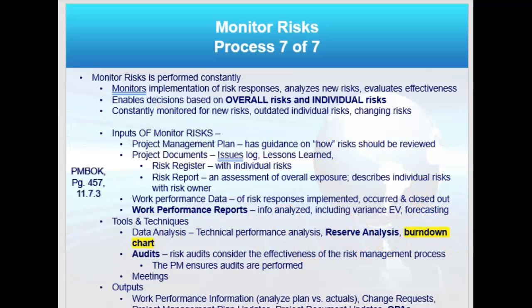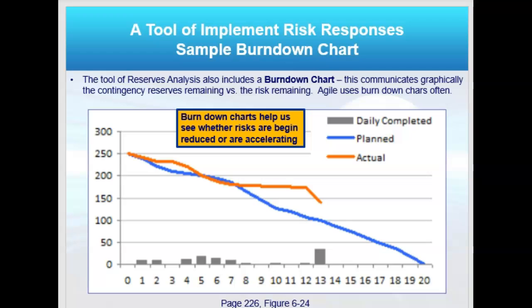Because I've got a lot of forecasting that's been going on to help me identify risks in advance. And in data analysis, I have some agile items to include, like a burn down chart. We'll look at that in a minute. In fact, right here, here's a burn down chart. So in agile, I could use this in predictive too, but in agile, you can use a burn down chart to assess your risks and to track the risks that you've closed out and when the risks spiked.